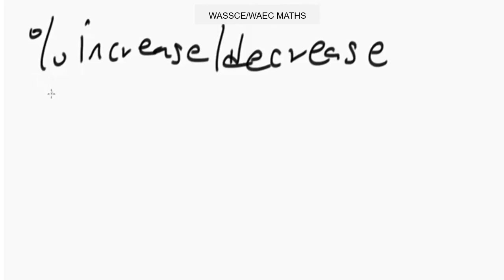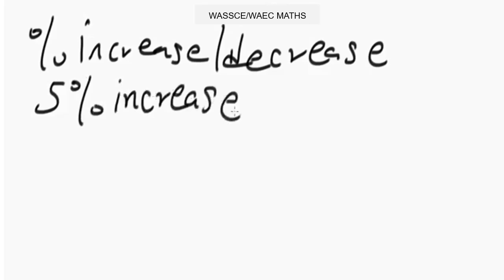For example, when there is a 5% increase, remember this is an example, first you need to find the multiplier of the percentage change. In this 5% increase, let's agree that the multiplier is 1.